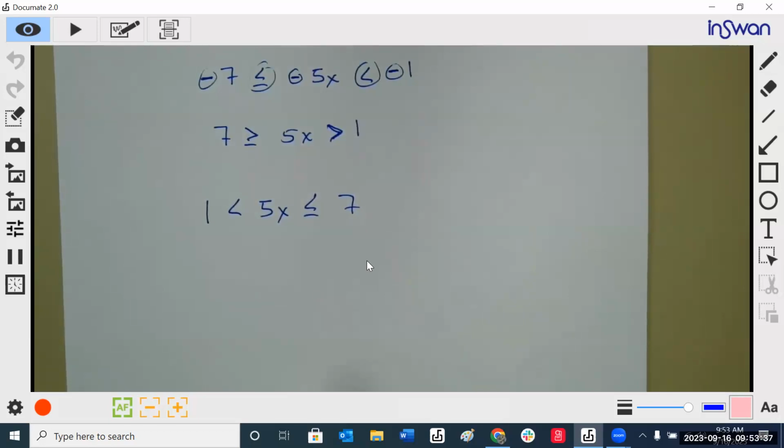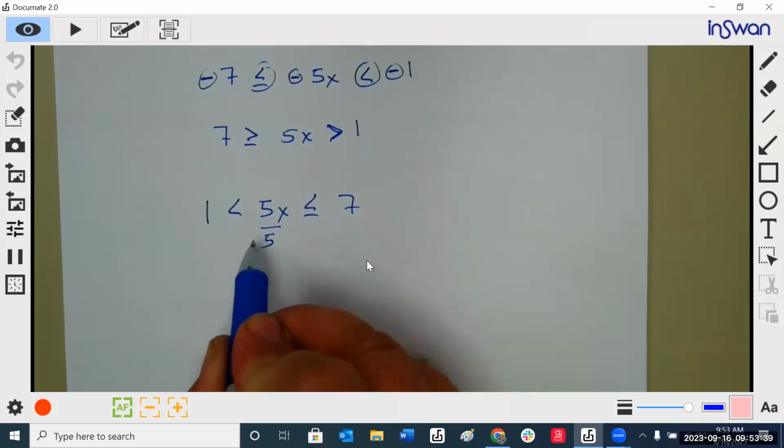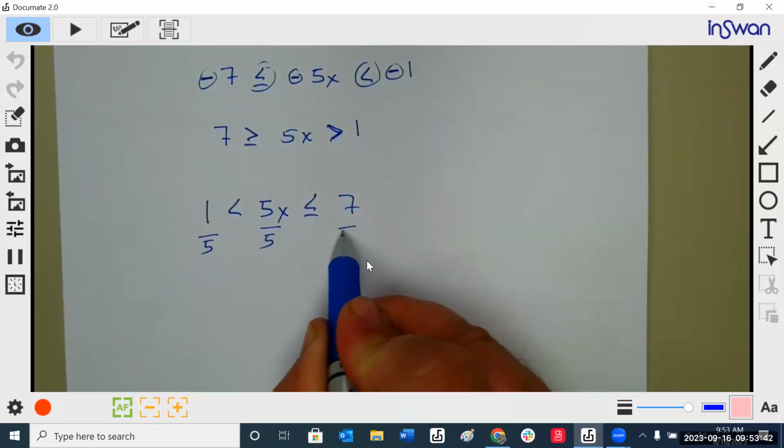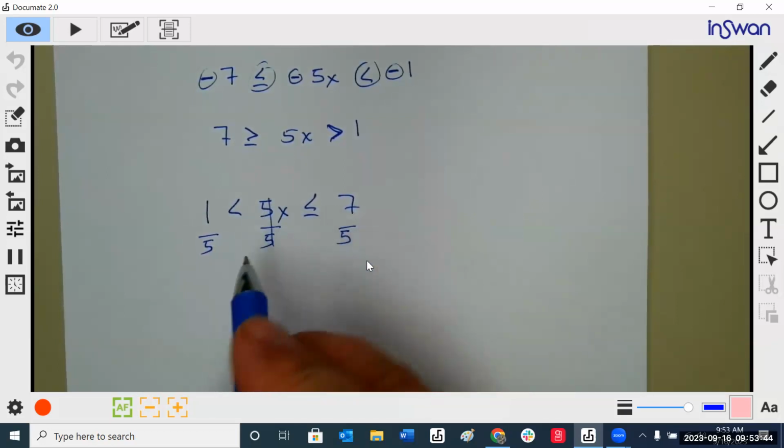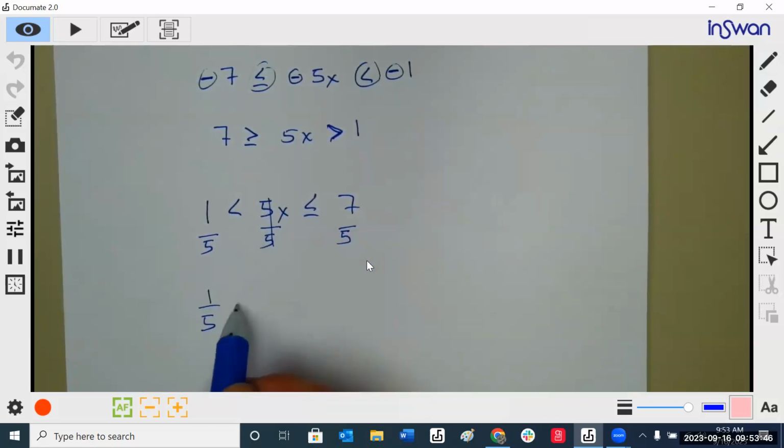And the last step says divide by 5. So we have 1/5 is less than x is less than or equal to 7/5.